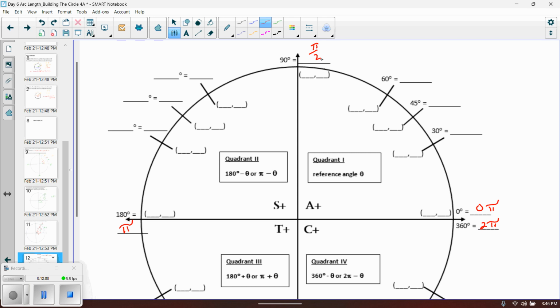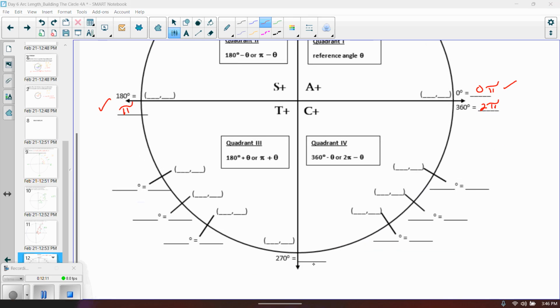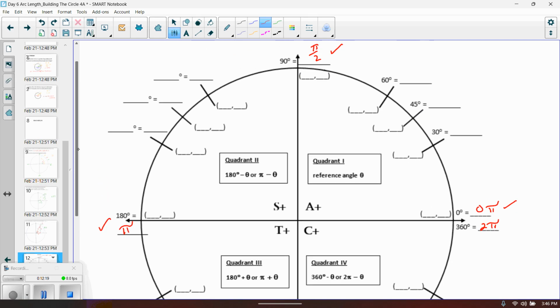And then if you really think about it, I've got 0 pi over 2, 1 pi over 2. Technically, pi is 2 pi over 2. So the one down on the bottom would be 3 pi over 2. Okay, those are the quadrant angles, the ones that are actually on the x and y axis. Those are the ones that aren't really developed from the triangles specifically.